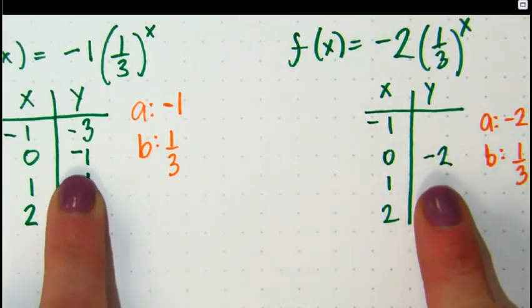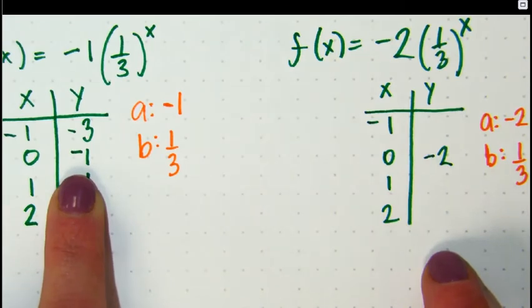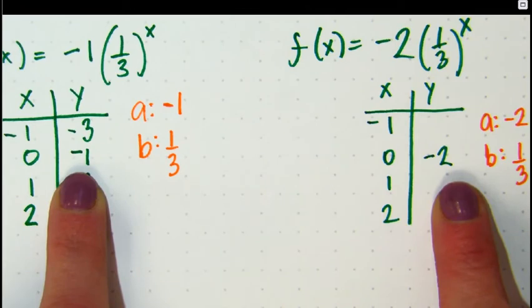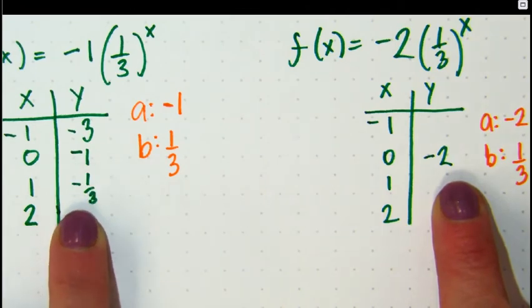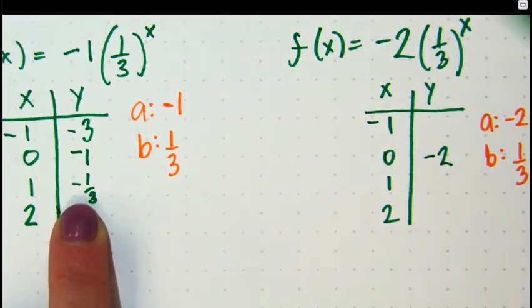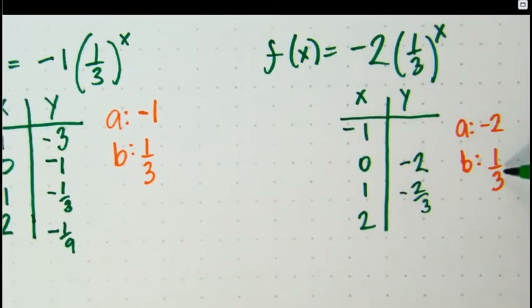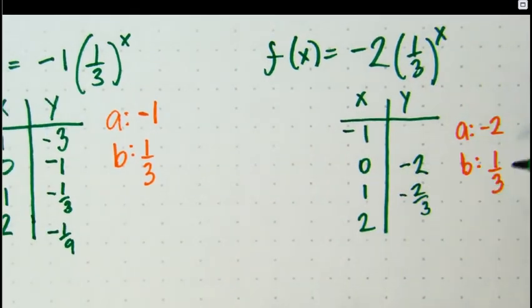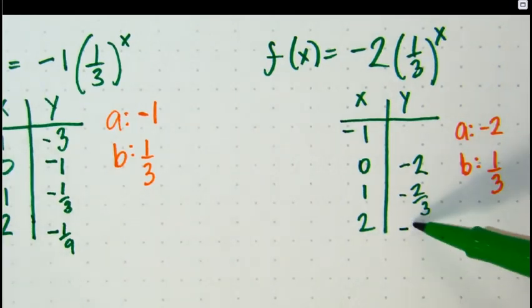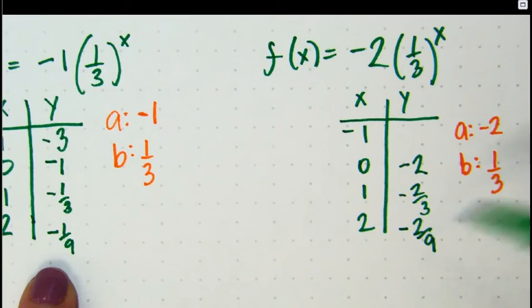And if I look at the other y value, -1 times 2 is -2. So it should follow that I would have -2/3, which is correct because if my ratio is 1/3, -2 times 1/3 is -2/3, right? Which would also give me -2/9.